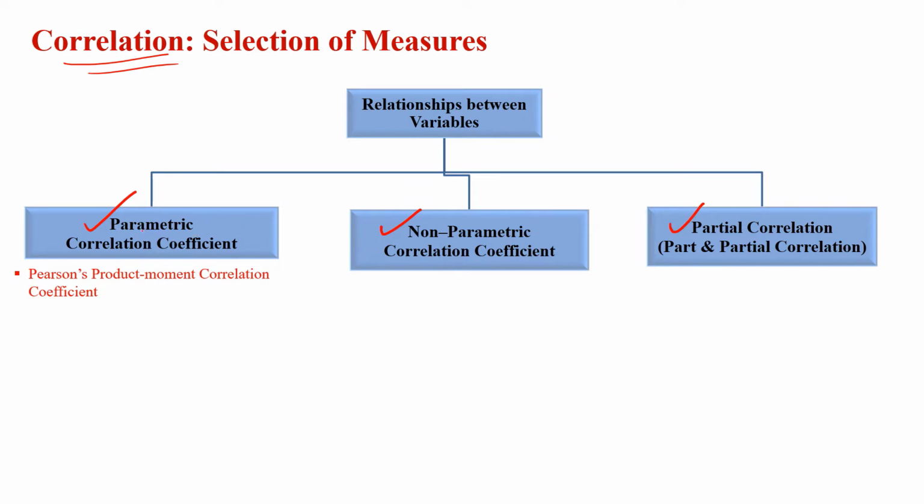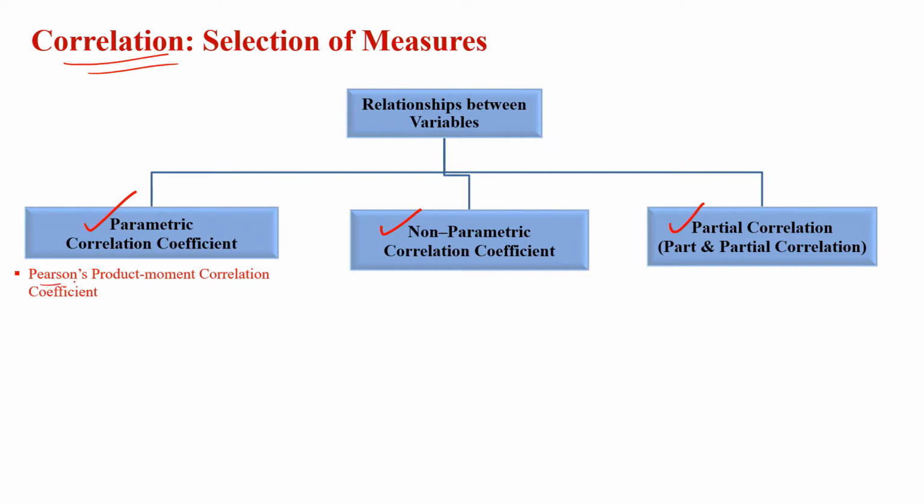When we say parametric correlation coefficient, it means that out of the two variables, at least one must be a quantitative variable, and it should follow the normal distribution. So there are two main conditions: it should be quantitative and it should follow a normal distribution.